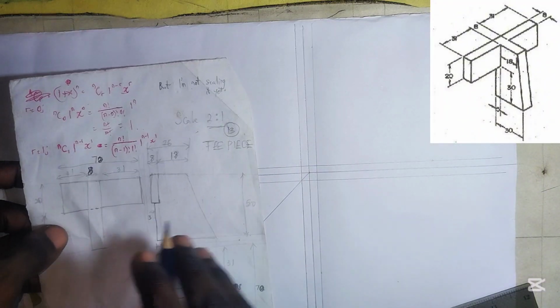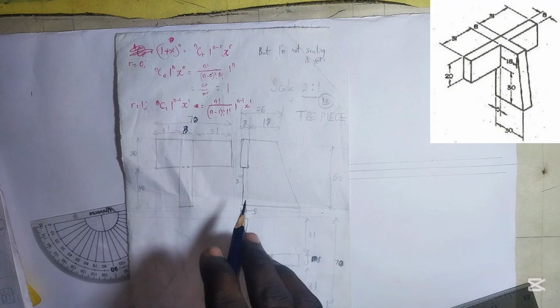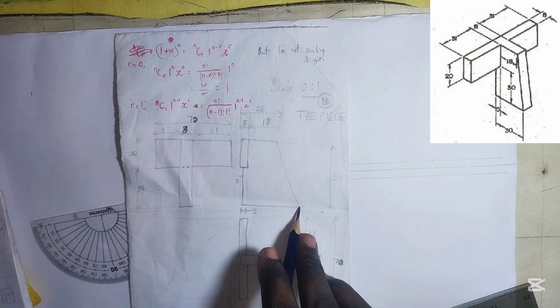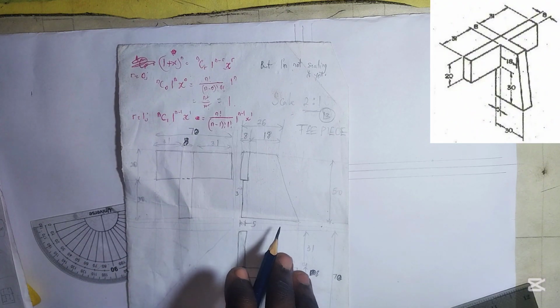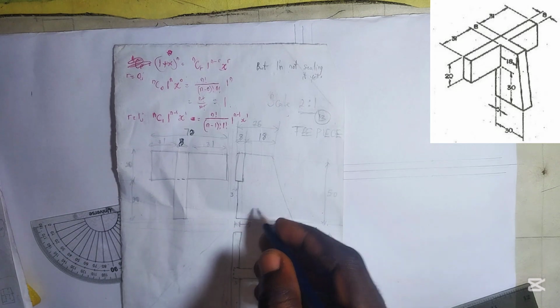Now, let me start with the front view. Initially, in the front view here, there's a little space of 3 mm before we have the total length. The total length itself from the question is given as 30.